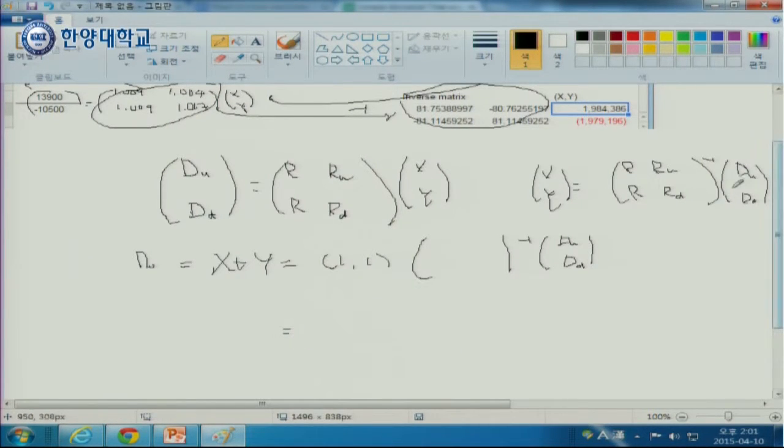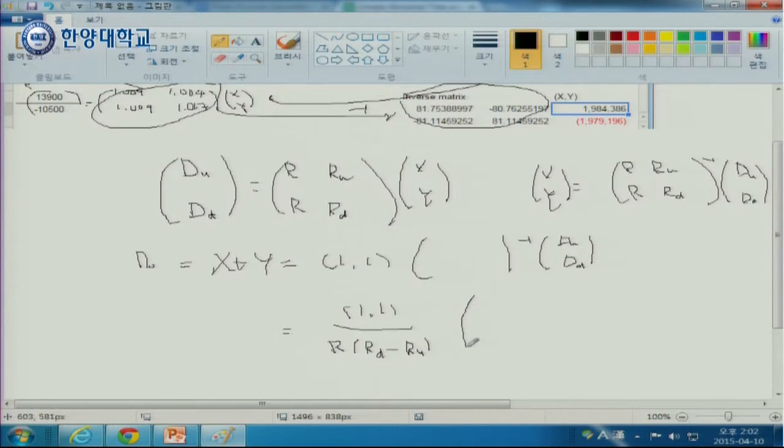Okay, let's compute. We can calculate the inverse matrix of this one, right? The inverse matrix of this one has a determinant. The determinant is the multiplication of this one minus the multiplication of this one, right? So it is R RD minus RU.